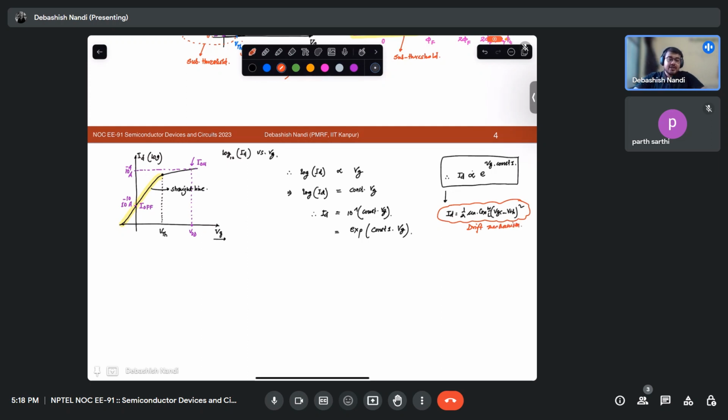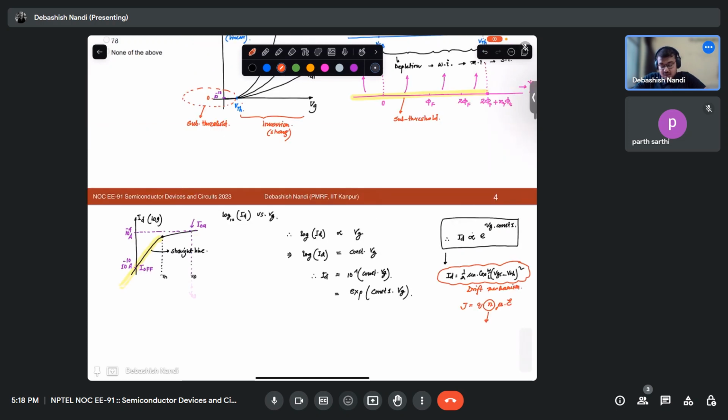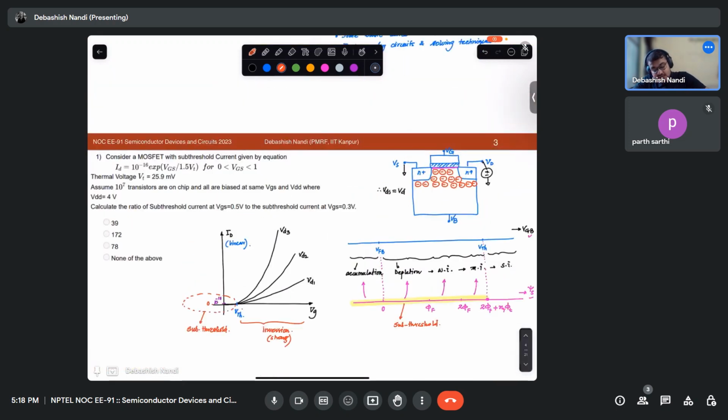So for drift mechanism, what do you require? You know that in drift mechanism, current is Q times carrier concentration times mobility times electric field, right? So you need a good amount of free carriers to be present to carry your current. But below threshold, you will have only depletion charges and very small, minuscule inversion charges.